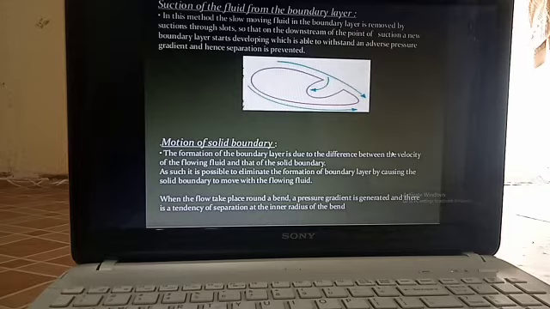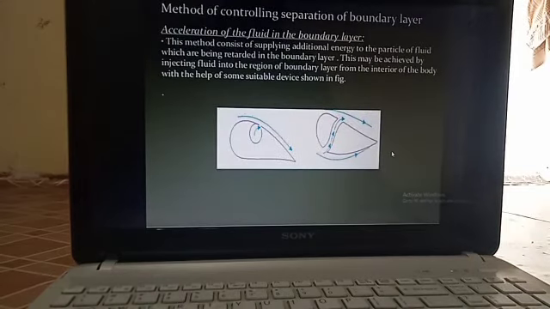So this is about the methods of controlling the separation of boundary layer. Mainly two methods are used. The first is acceleration of the fluid in the boundary layer, where we supply additional energy to the fluid particles by injecting fluid into the region of the boundary layer from the interior of the body.